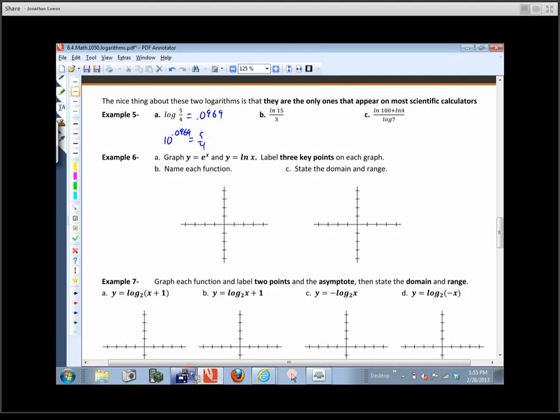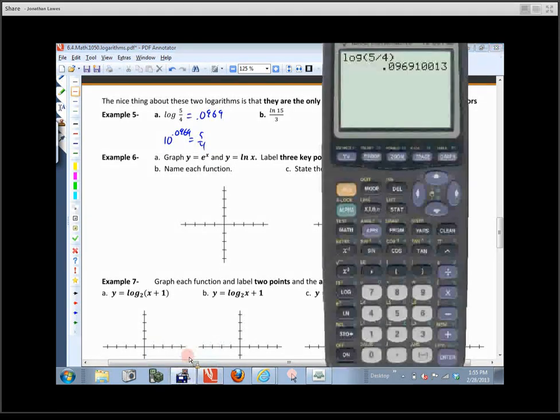Well, let's double check that. On the calculator, I can check it by doing 10 raised to the 0.09691. Now, is this going to give me 5/4? It's going to be close. 5/4 is 1.25. It's close.